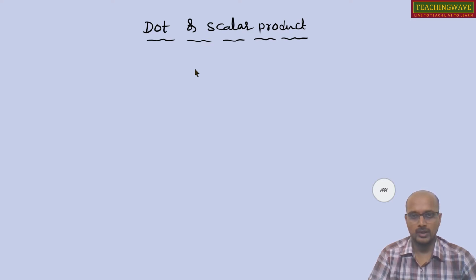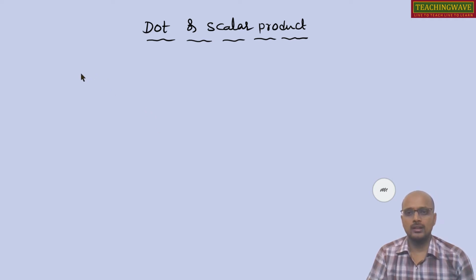If the product result is a vector, we call it the vector product or cross product between the two vectors. If the result of the product is a scalar, we call it the dot product, also called the scalar product.